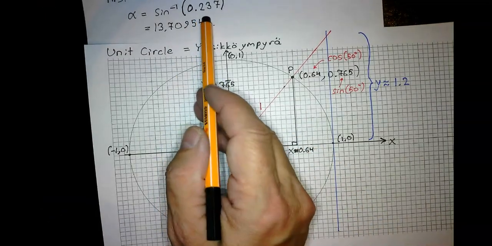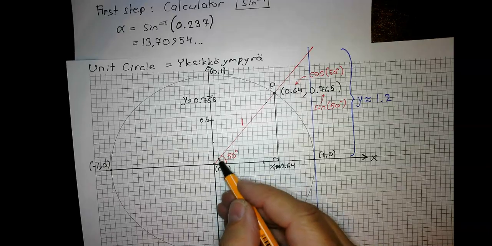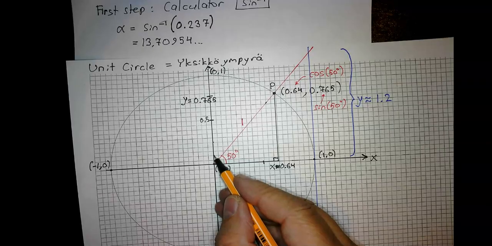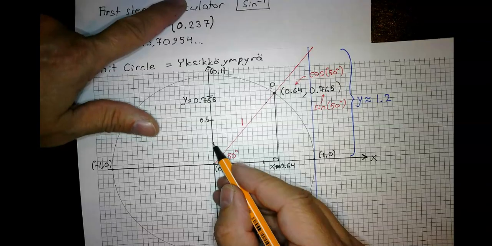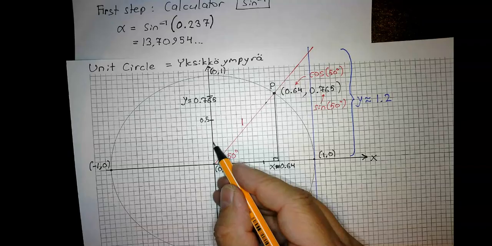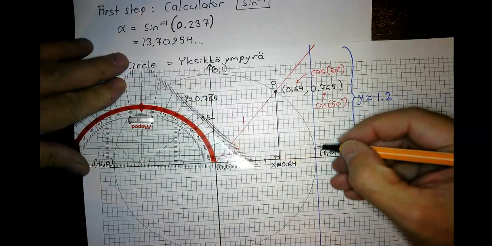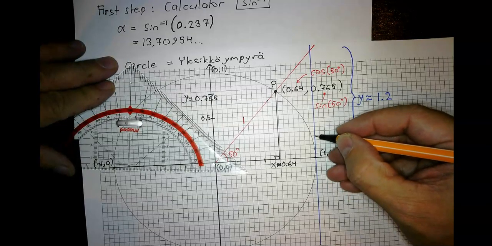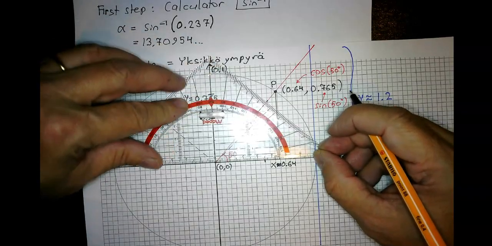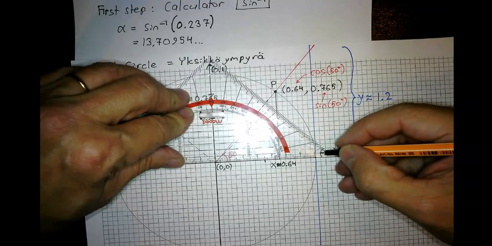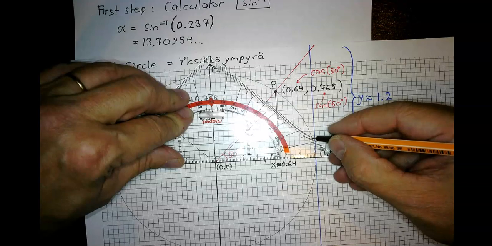If we have a sine value of this kind of number, and sine is the y coordinate, so in this picture here we have 0.1, here would be 0.2, that would be 0.25, and this 0.237 is a little less, so it is somewhere about here, and the angle here tells us it is about 13 degrees.